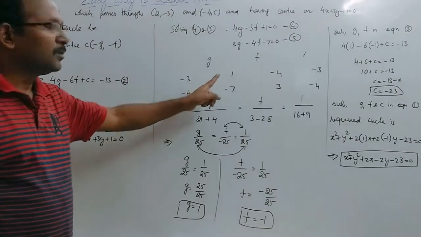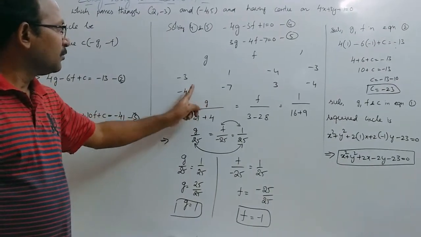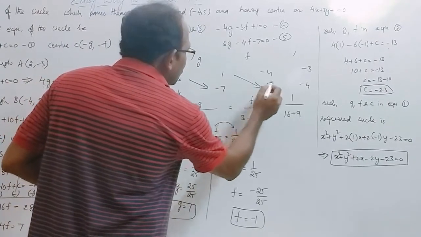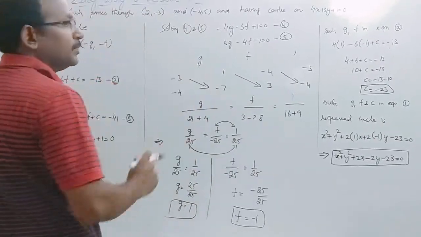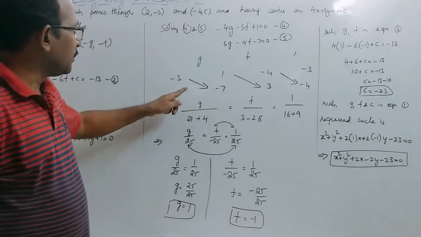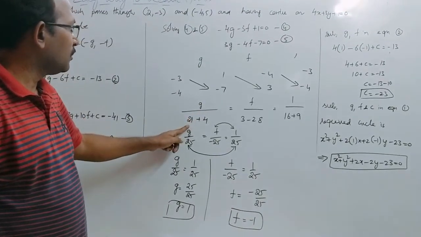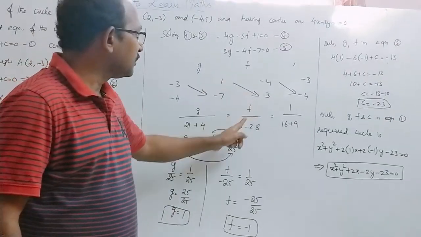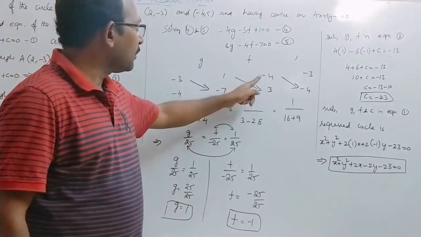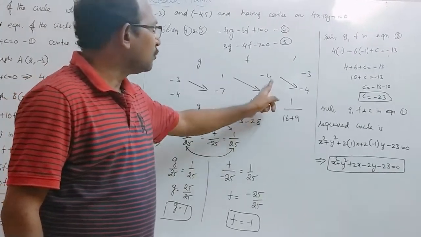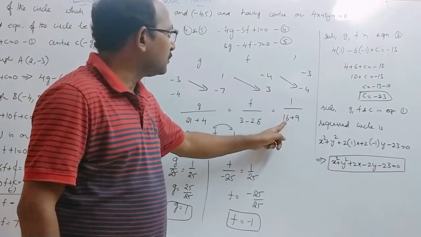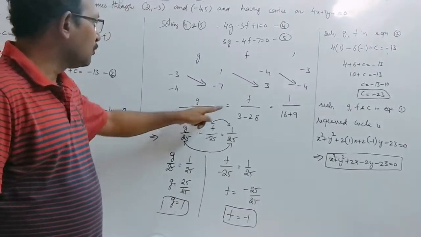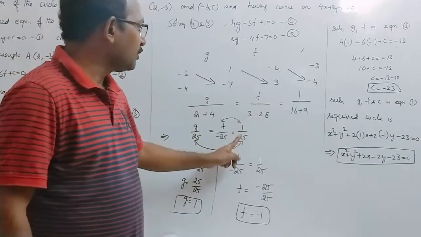So G by minus 3 into minus 7, 21, minus of minus 4 plus 4. Similarly, 3 ones are 3, minus 7 minus 4, 28, is equal to, here 4 fours are 16, minus of minus 10 plus 9. So g by 25 is equal to f by minus 25 is equal to 1 by 25.